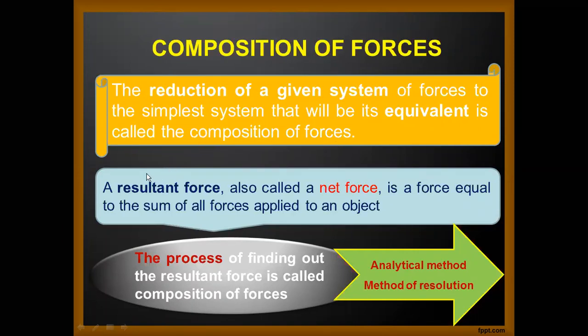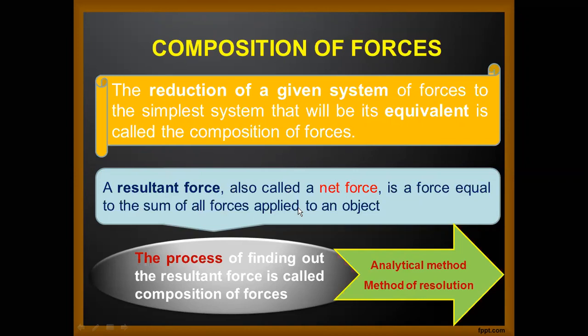Next one, what exactly do we mean by composition? It means determining an equivalent for all the different types of forces which produces the net effect. That particular equivalent is called the resultant force. What is a resultant? A resultant force is also called a net force. It is a force which is equal to the sum of all the forces applied to an object.